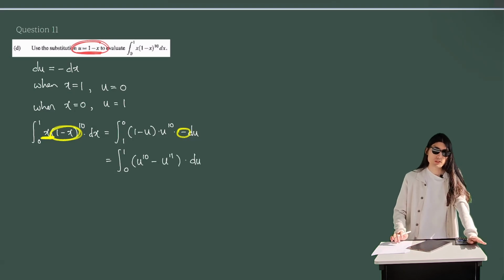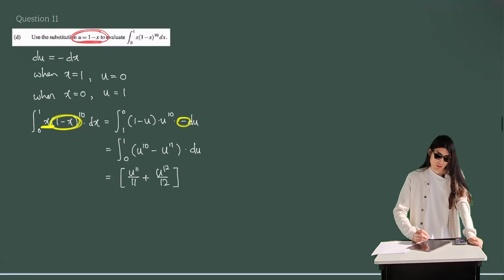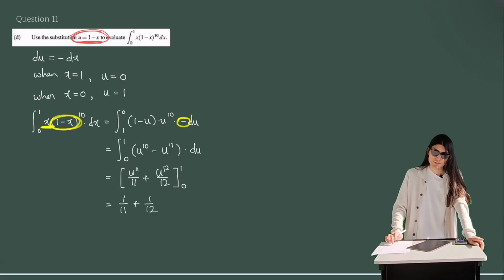And then expanding 1 minus u multiplied by u to the power of 10, I got u to the power of 10 minus u to the power of 11, each of which are terms that can be integrated very, very easily, like that. And your upper boundary is 1, 0, so your final step of calculation, upper minus under, that's your upper when you sub u equals to 1.